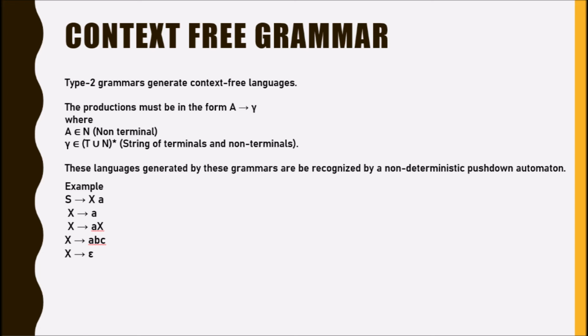For example, S goes to X alpha, X goes to alpha, X goes to alpha X, and X goes to phi. Here we can also consider that X goes to phi because we just need a non-terminal on the left side and a string of terminals and non-terminals on the right side.